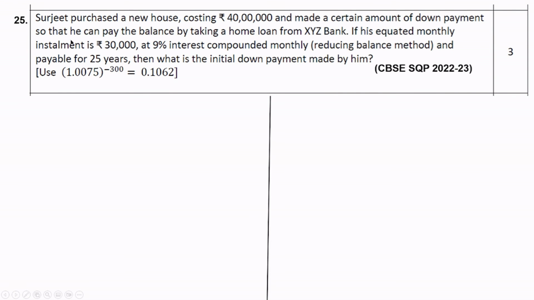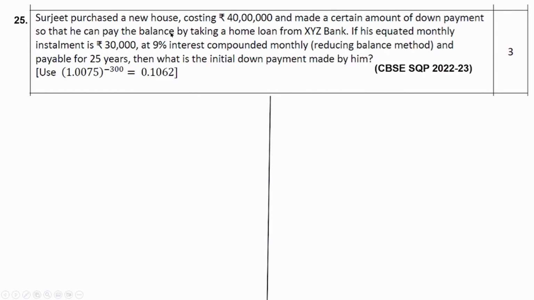Next question. Sujit purchased a new house costing rupees 40 lakhs and made a certain amount of down payment so that he can pay the balance by taking a home loan from XYZ bank. If his equated monthly installment is rupees 30,000 at 9% interest compounded monthly, reducing balance method, and payable for 25 years, then what is the initial down payment made by him?